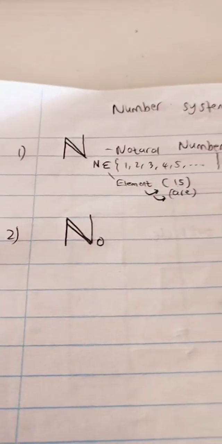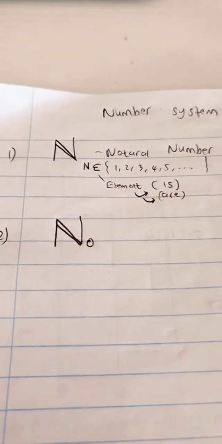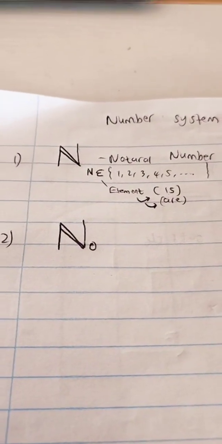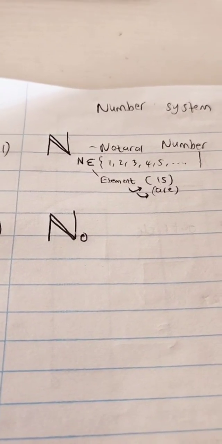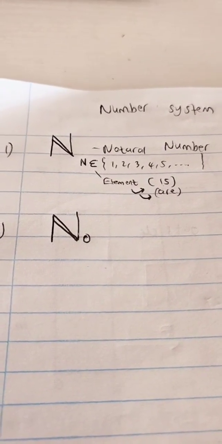All right, so you guys know what natural numbers are. Let's look at another symbol, this one. Guys, we need to be well versed in this. What does this one stand for? This symbol, this one. Alright, guys, just tell me in the comment section. Whole numbers. Thank you. Whole numbers.